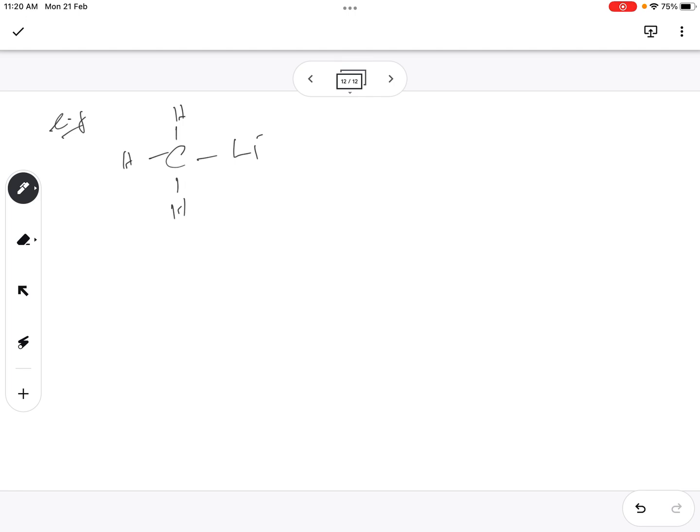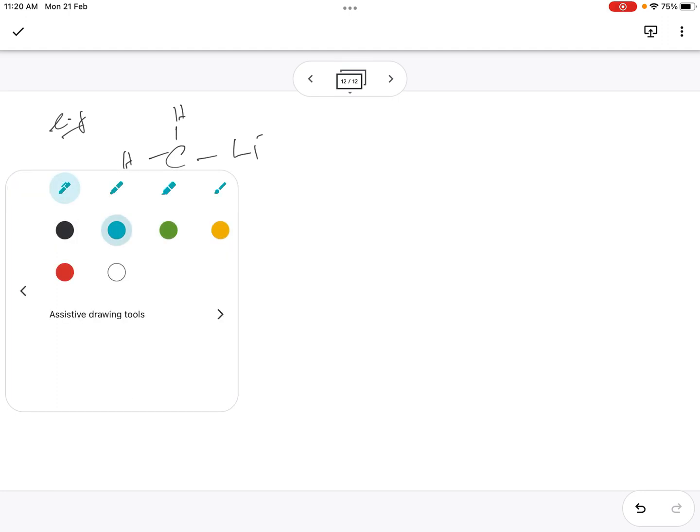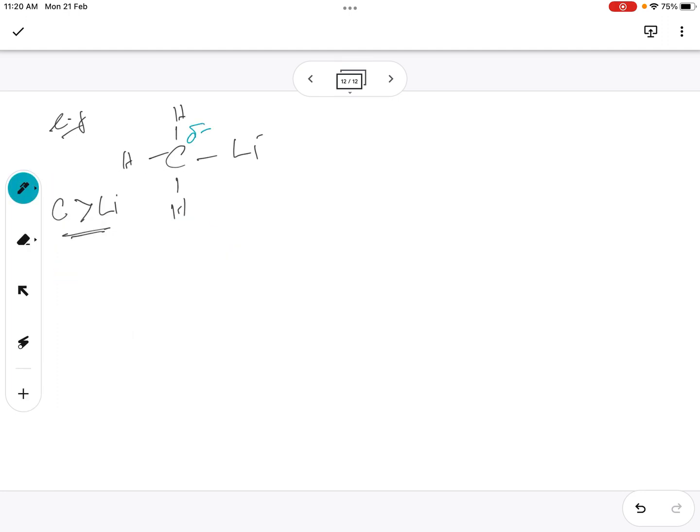So this case, carbon is group 14, lithium is group 1. Obviously, carbon more electronegative than lithium. Okay, carbon more electronegative than lithium maksudnya kita punya carbon akan jadi partially negative, lithium jadi partially positive. So the bonding electron between carbon and lithium will move towards carbon.